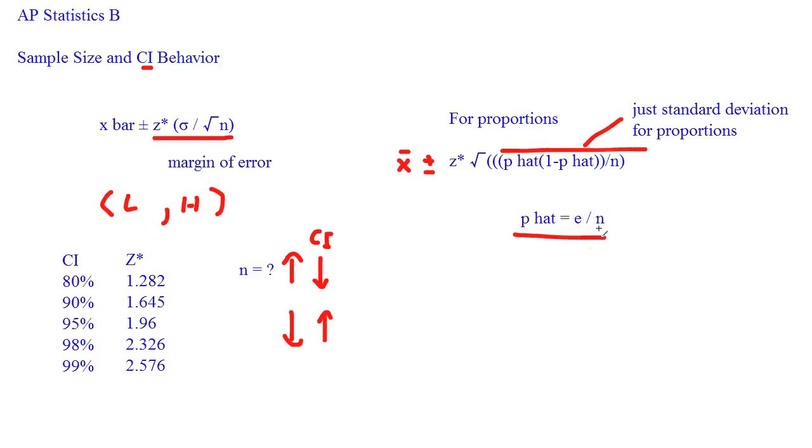For example, if we were testing light bulbs in a factory and 12 went out of a sample of 100, p-hat would be 12 divided by 100, or 0.12. And just remember, the square root of p-hat times 1 minus p-hat divided by n is the standard deviation for proportions, which is kind of like the sample standard deviation.